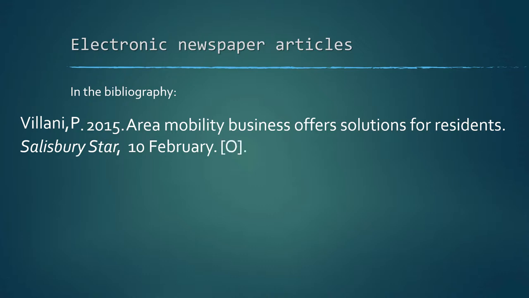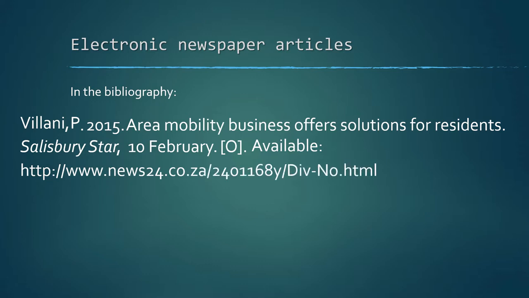First, we have an O in block brackets, followed by a full stop, to show that this was an online source. Hereafter, we have the word available, followed by a colon, and then the URL of the article itself, copied and pasted from our browser window. Lastly, you have the date on which you last accessed this link.